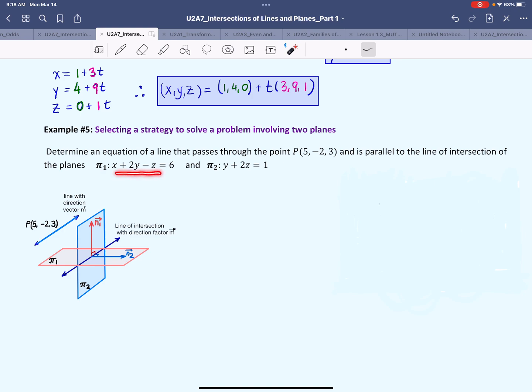The equations of each plane are given in Cartesian form. As you can see here, we have two planes, pi1 and pi2, and they will intersect along the line of intersection. Now the line of intersection will have a direction vector m.